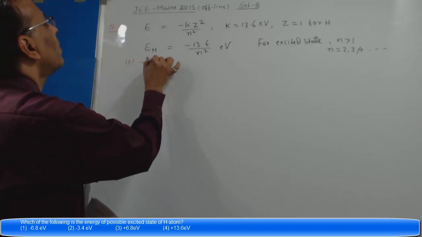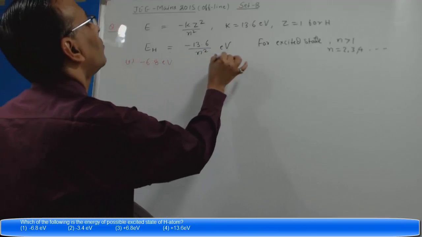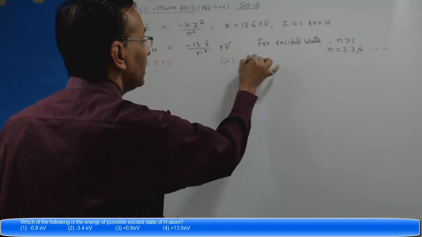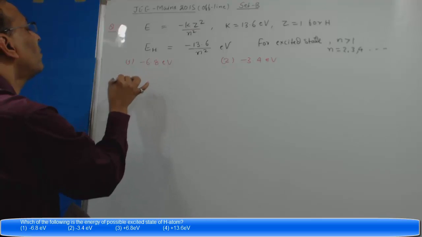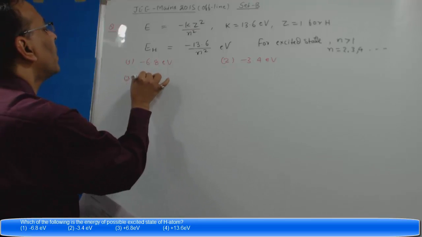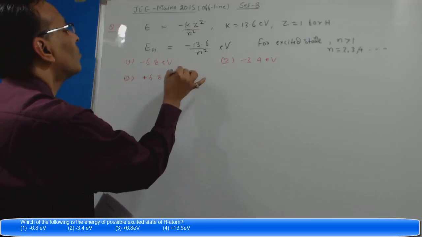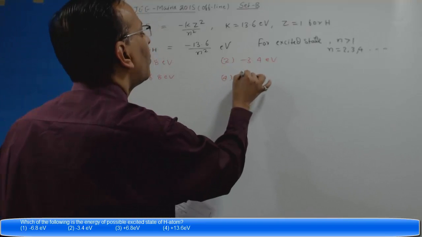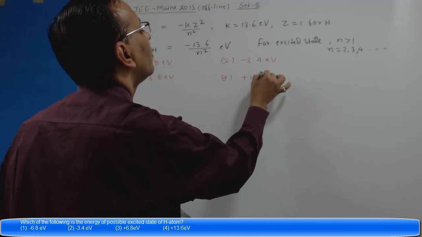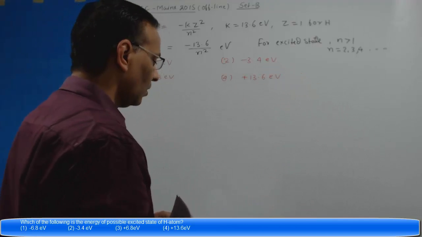The options given in the question are: option 1 is minus 6.8 electron volt, option 2 is minus 3.4 electron volt, option 3 is plus 6.8 electron volt, and option 4 is plus 13.6 electron volt.